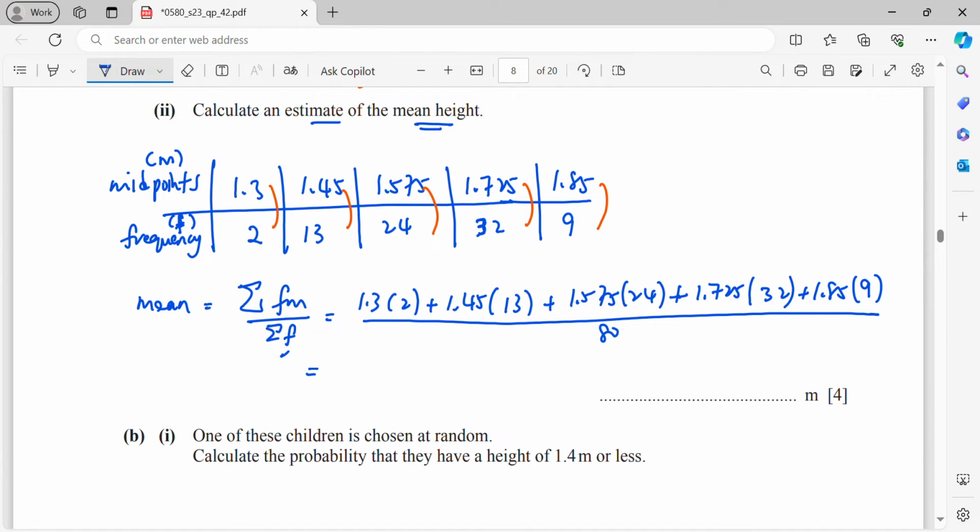From here, you will be getting 131.1 over 80, and at last that is 1.63875. So that's your mean. You can just copy this, or round to 3 significant figures, so here I will write 1.64.